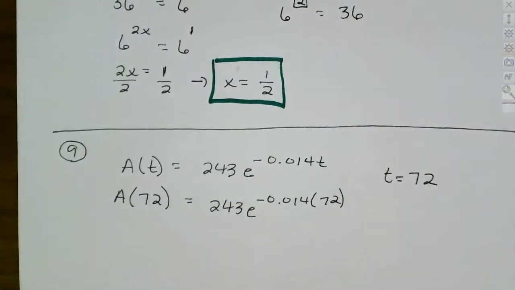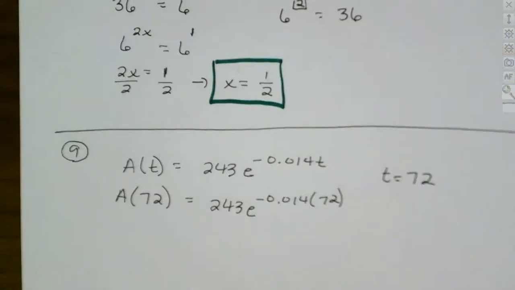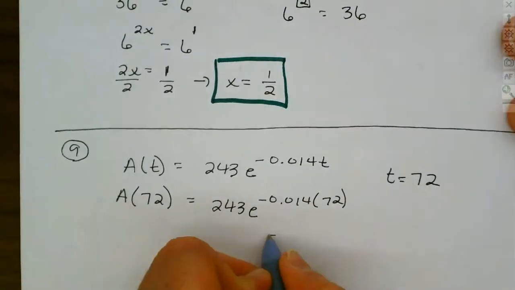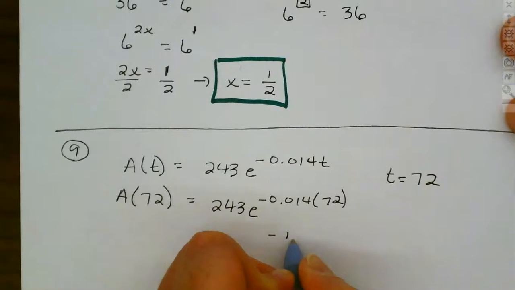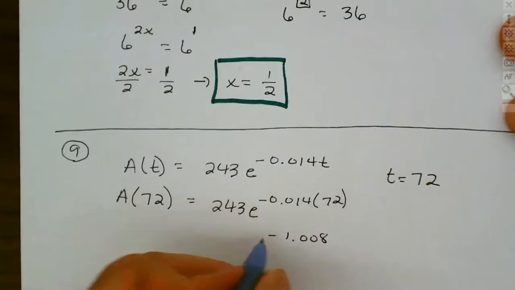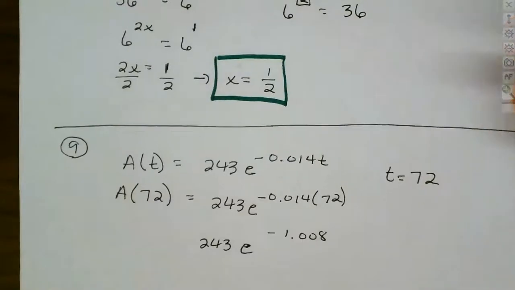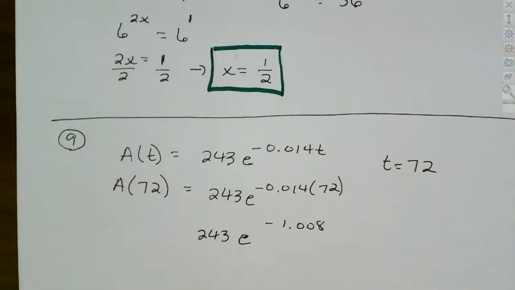And we'll break it up first, so multiply up in your exponent. And we've got 72 times minus 0.014. And that makes it then minus 1.008, 243e to that power. Let me double check and make sure I multiplied correctly.